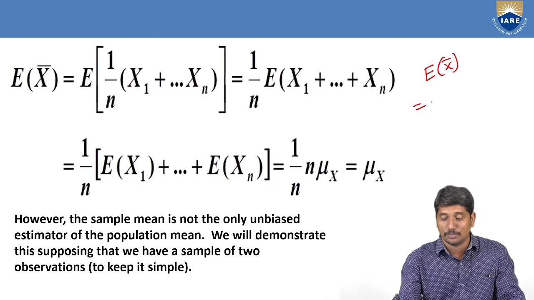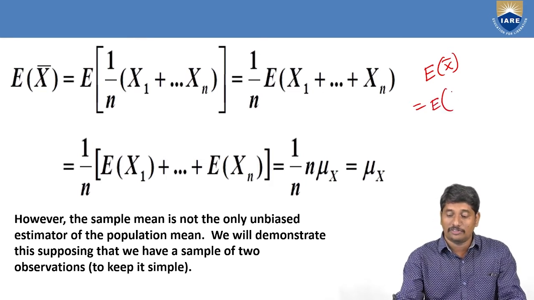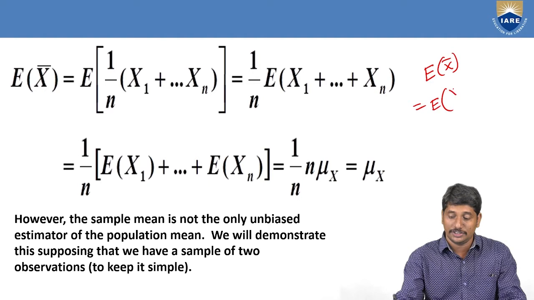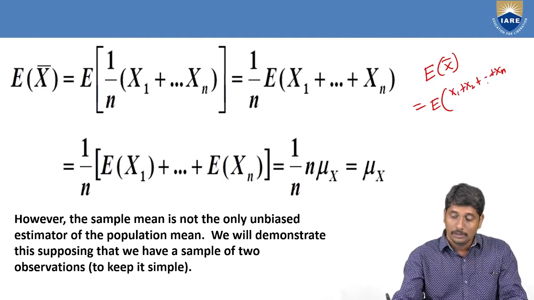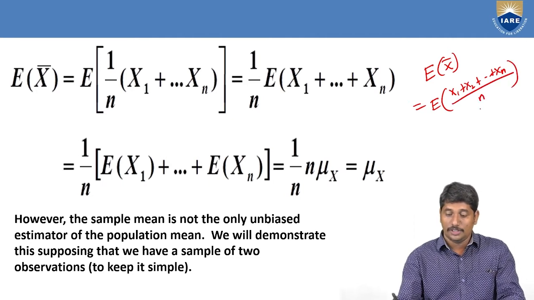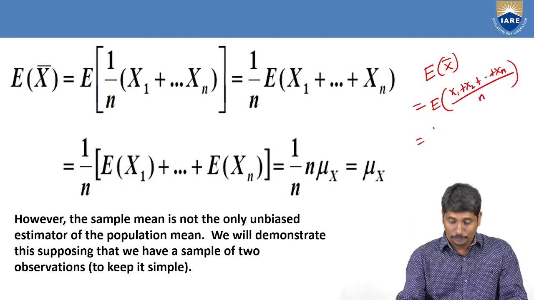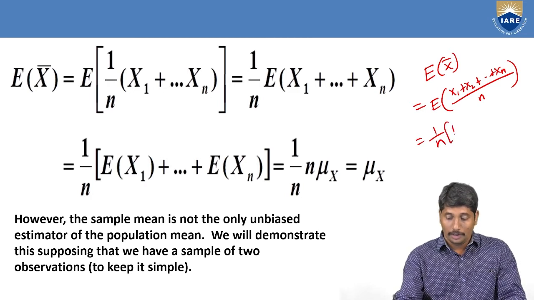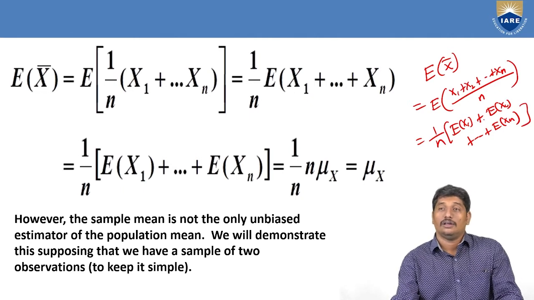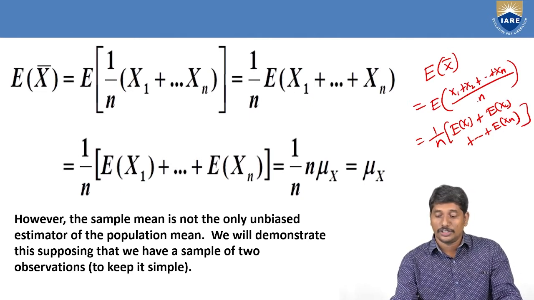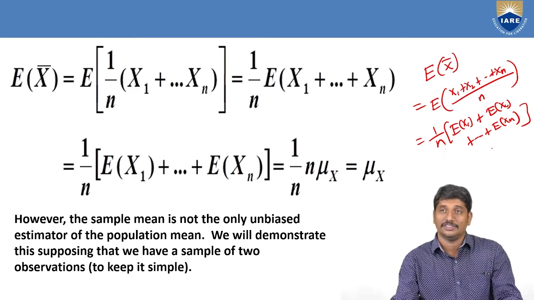So the expectation of x bar, where x bar means the sum of all observations divided by the number of observations, x1 plus x2 and so on up to xn, divided by n, is equal to 1 by n times the expectation of x1 plus the expectation of x2 and so on up to the expectation of xn. Because you know that a constant can be written outside the expectation, 1 by n comes out, so it becomes 1 by n of E of x1 plus E of x2 and so on up to E of xn.